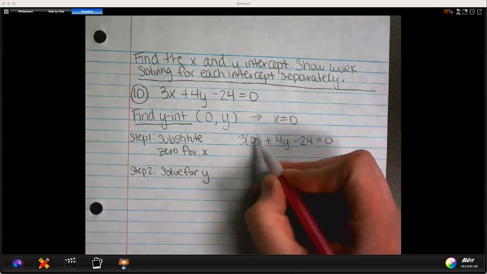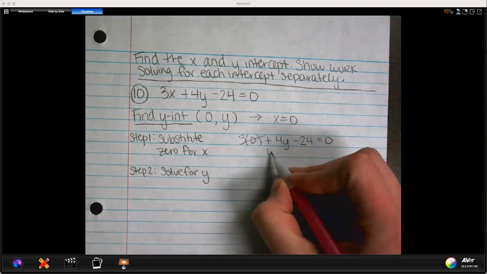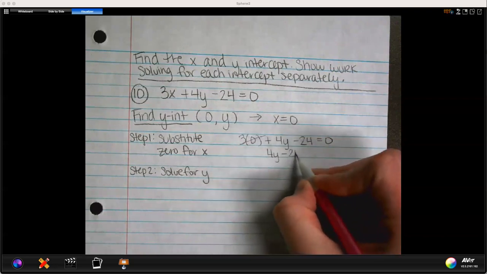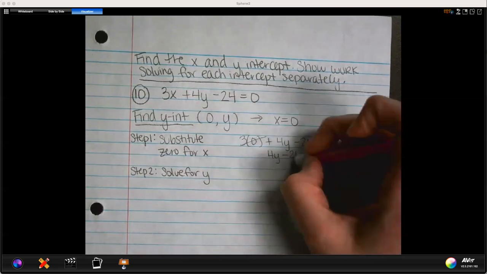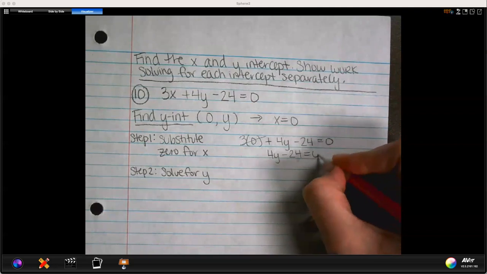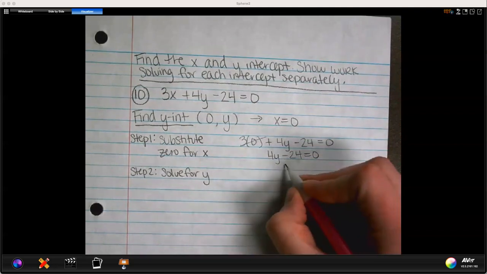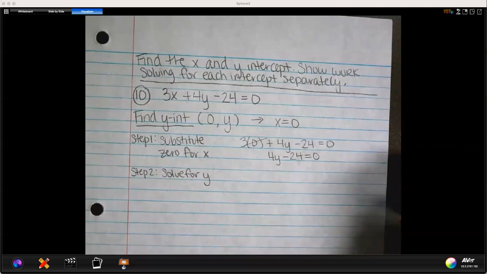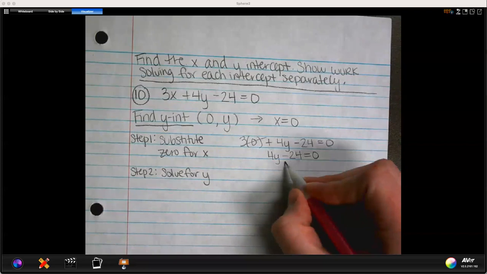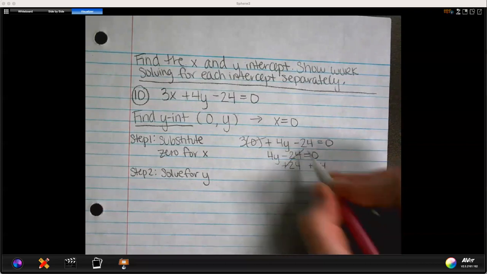So 3 times 0 is 0. And we're left with 4y minus 24 equals 0. So to solve for y, I wouldn't necessarily suggest moving the y. I'm going to go ahead and add 24. Y can just stay there.